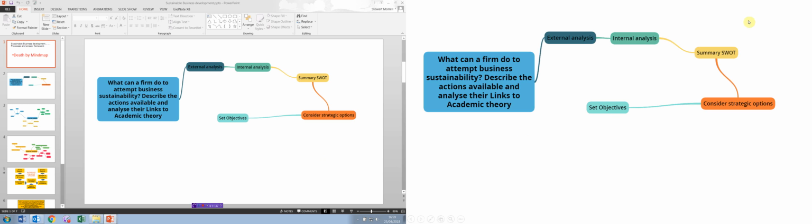Now, if you look at that mind map there, you've got external analysis, internal analysis, summary SWOT, consider your strategic options, and then setting your objectives. Now, if you look at that, and then I'll show you the other diagram. If you just bear with me a second.